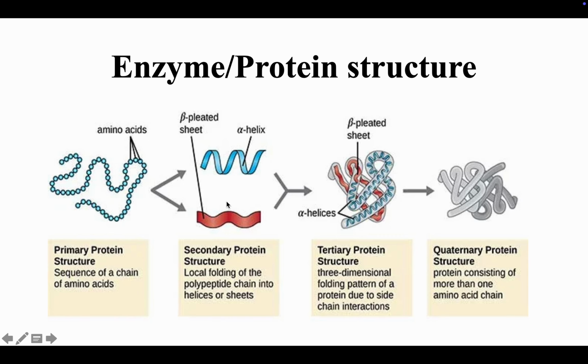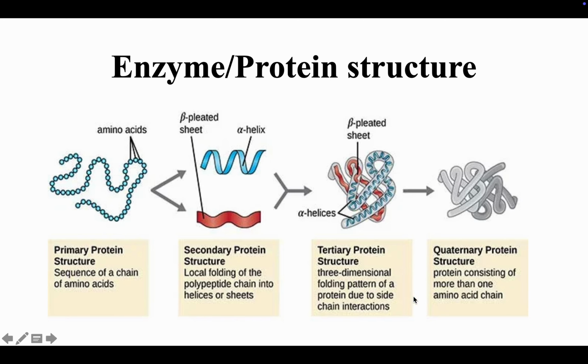In secondary structures we have alpha helix and beta pleated sheets, and these further form the tertiary protein structures, which are more complex 3D structures, and multiple tertiary structures or subunits together form quaternary protein structures, as shown here.